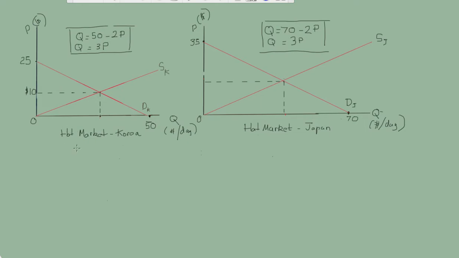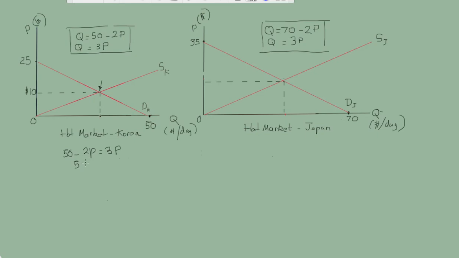And now that we have expressions for the demand and supply curve, that's pretty easy to do. So if we want to find domestic equilibrium, which means we're looking for this point, then what we do is we set demand equal to supply, so 50 minus 2p equals 3p, and we can solve for p to find equilibrium price.